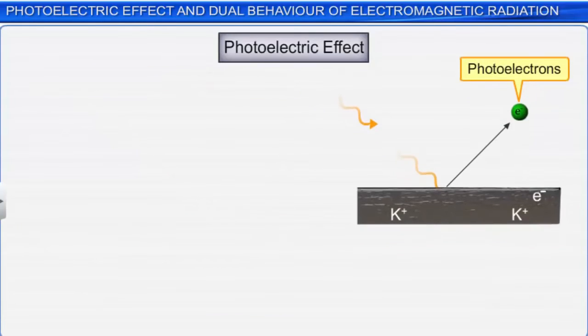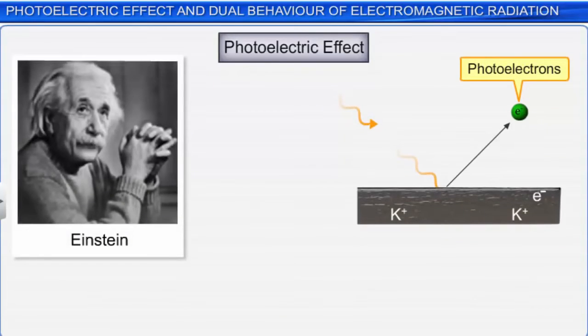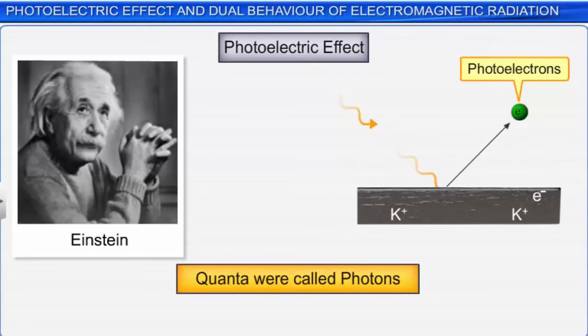Einstein explained these observations of the photoelectric effect, for which he received the Nobel Prize in 1921. He took into account the Planck quantum theory of electromagnetic radiation for explaining the photoelectric effect. Note that the quanta were called photons by Einstein.